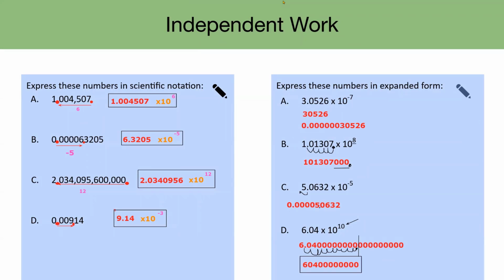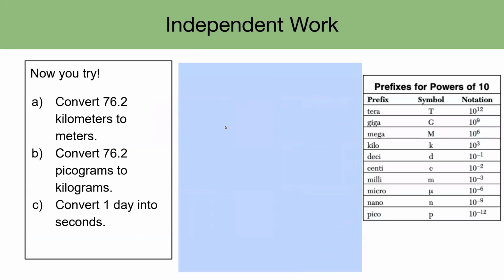So that's your scientific notation conversion independent work, as well as doing scientific notation to standard notation. Now you get to the point of converting your units. This is an extremely, extremely important part of physics, unit conversion.